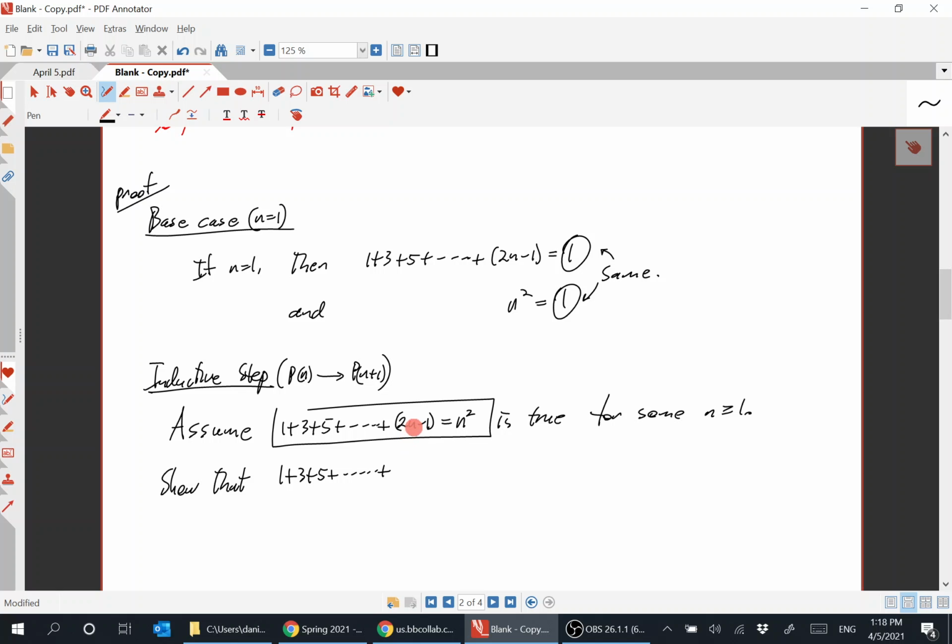And then what do you get? When I replace n with n plus 1 here, 2n minus 1 becomes what? 2n plus 1. The next odd number up. Is equal to, well, now I replace n with n plus 1, I get just n plus 1 squared is true as well.